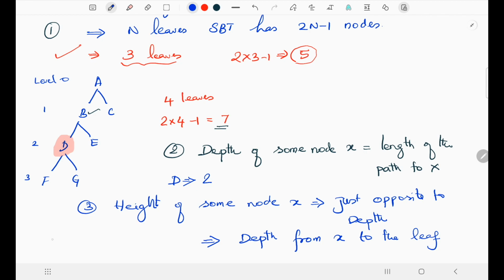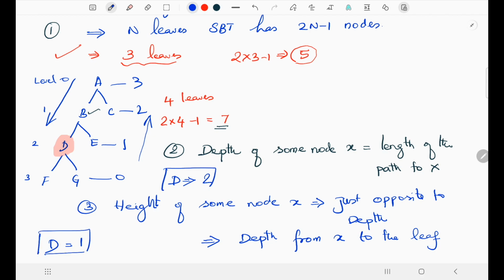Suppose we take D, what's the depth of D? This is 0 level depth, first level depth, second level depth, third, just vice versa. See here, depth goes in this way and the height goes in this way. So what is the height of D now? The height is 1. Okay, depth is 2, height is 1. Clear? So these are some properties of a strictly binary tree.